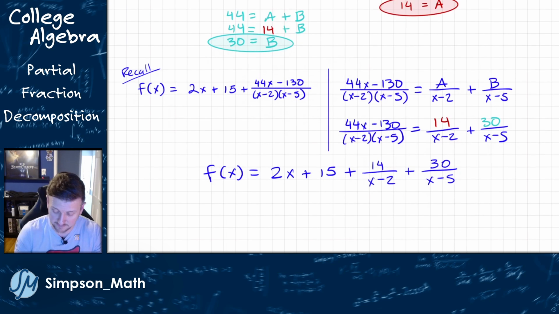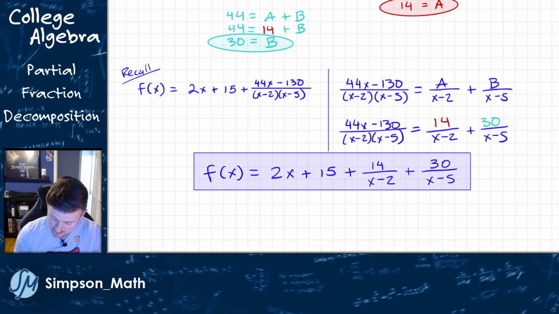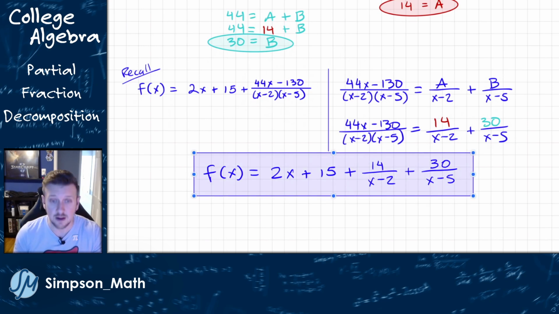So now I know the function, I should have a celebratory box here, is, if I break it out into its partial fraction parts, I have two that aren't visibly fractions. There's an over 1 there if I wanted it, but I have a 2x, I have a 15, then I have a 14 over x minus 2, and a 30 over x minus 5.